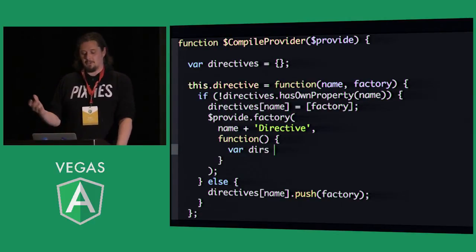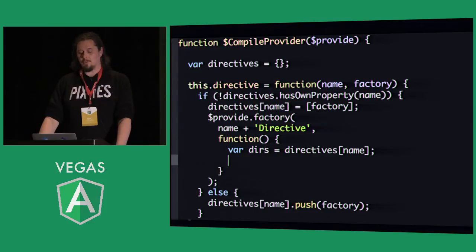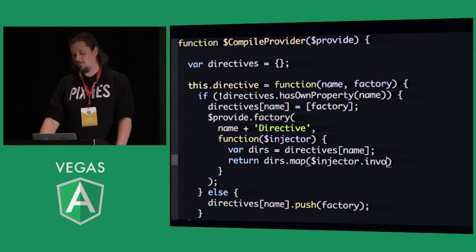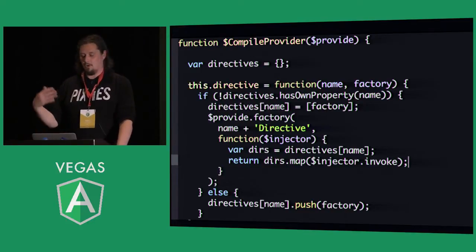And it'll do that by first looking up those factories from this internal object that we have here, and then invoking all of them with dependency injection support. So for that we need the injector, and what we do is we map over those directive factories with the invoke method of the injector, and that actually instantiates those directives, calls those factories, providing them any dependencies that they need. And the result is an array of directive objects. That's what this factory provides.